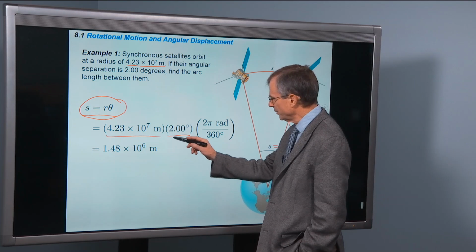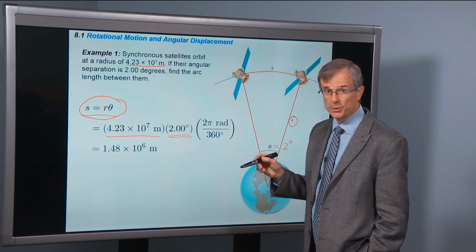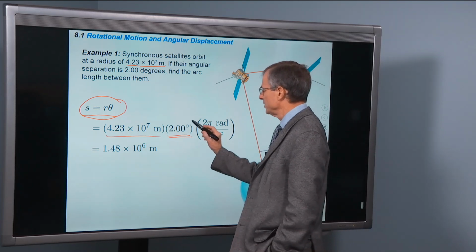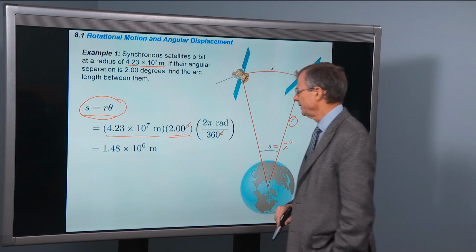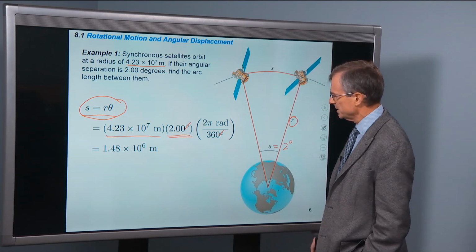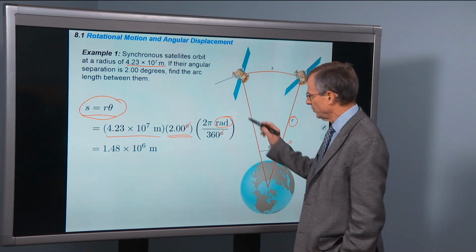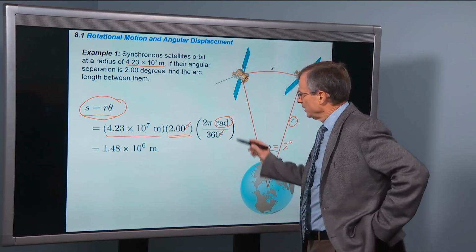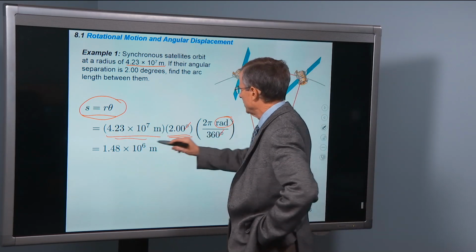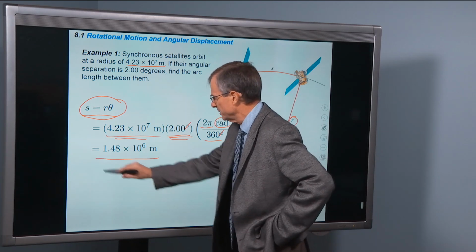So we convert this 2 degrees into radians by multiplying by the conversion factor we mentioned before. The degrees will cancel, and there's 2 pi radians in 360 degrees, which gives us the angle theta in radians. Plug all those numbers in, and you get this answer.